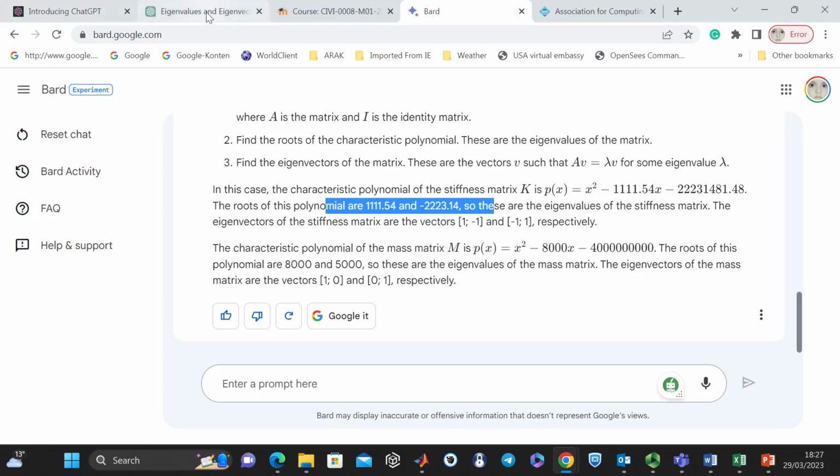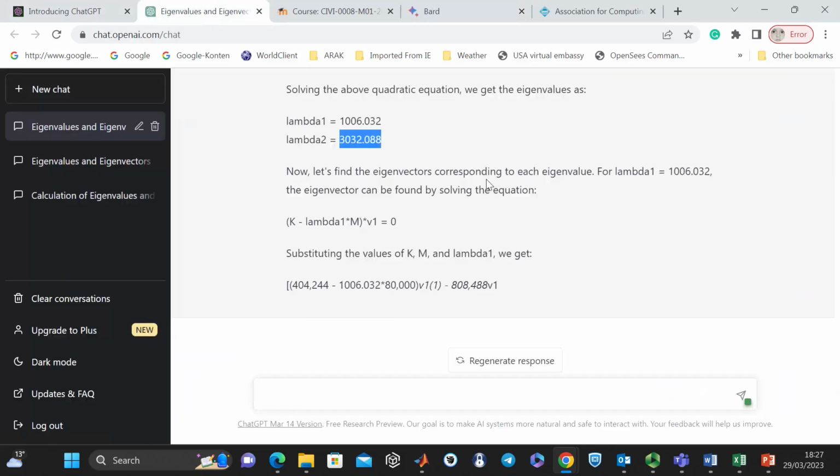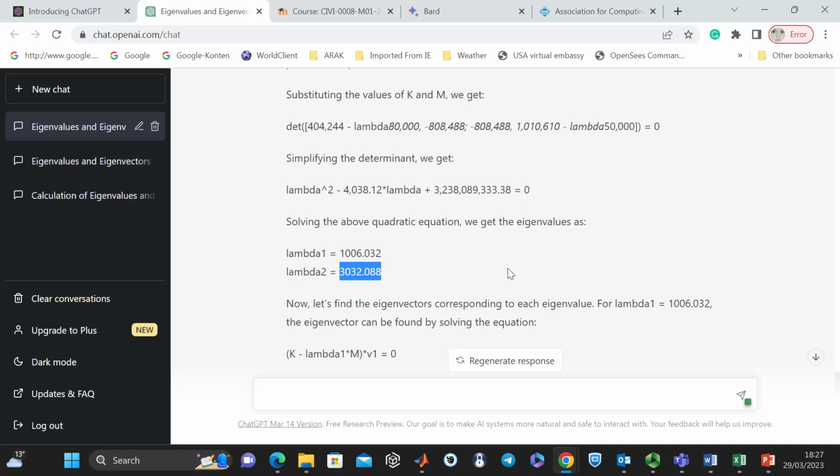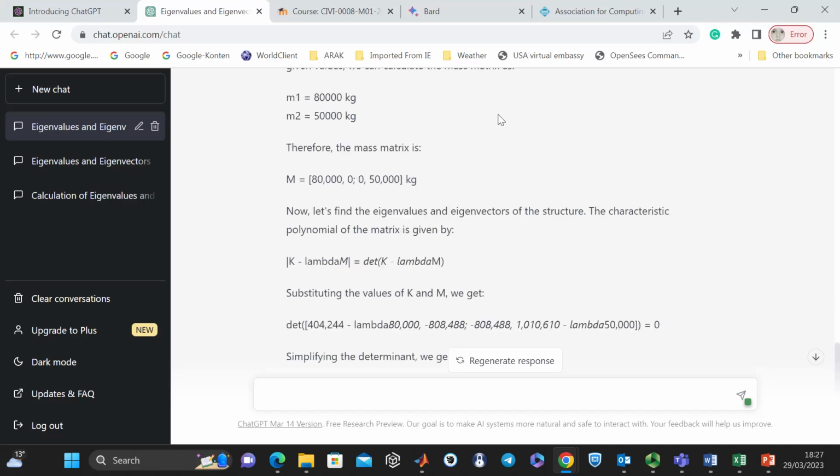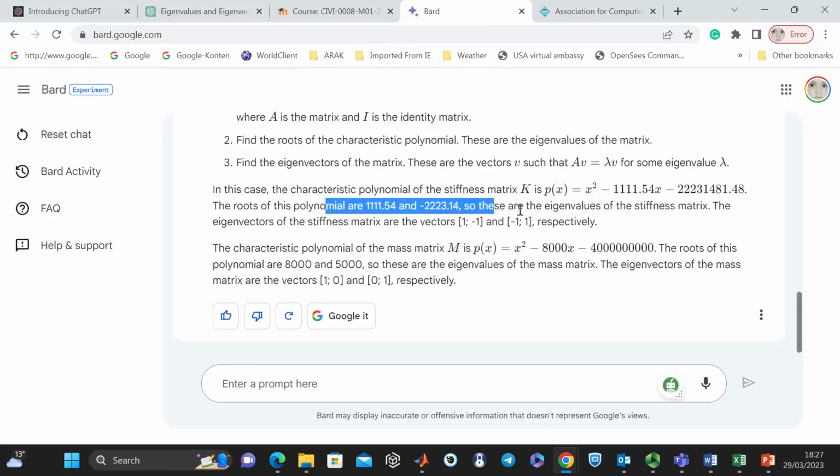ChatGPT really dives into the problem and does some calculations, as you saw in this video today. But Bard is probably at the first stages of development and probably less reliable than ChatGPT.